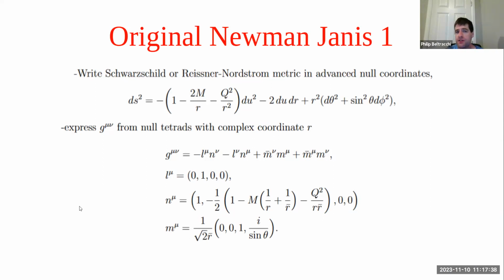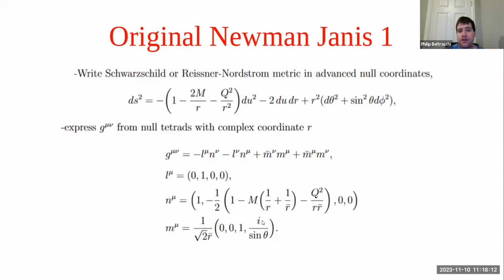If we re-express this metric in terms of a set of vectors L, N, and M, where we allow for the R coordinate to take complex values, we get the following. Notice that if R is fully real, then this M term goes to 2M over R, and this Q term goes to Q squared over R squared, but these terms appear to have been broken up in terms of R and R bar differently.